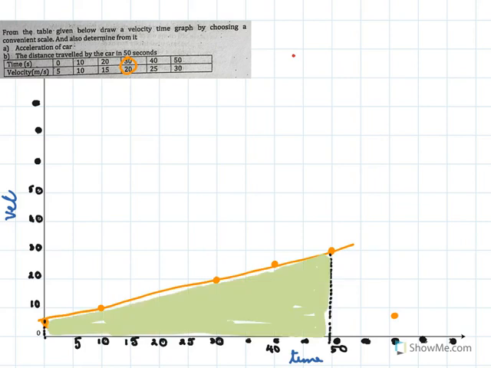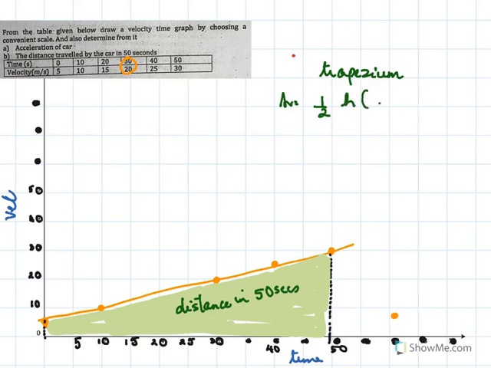So this green area will give you the distance traveled in 50 seconds. This area looks like a trapezium, and hence the formula for the area is half h (a plus b).